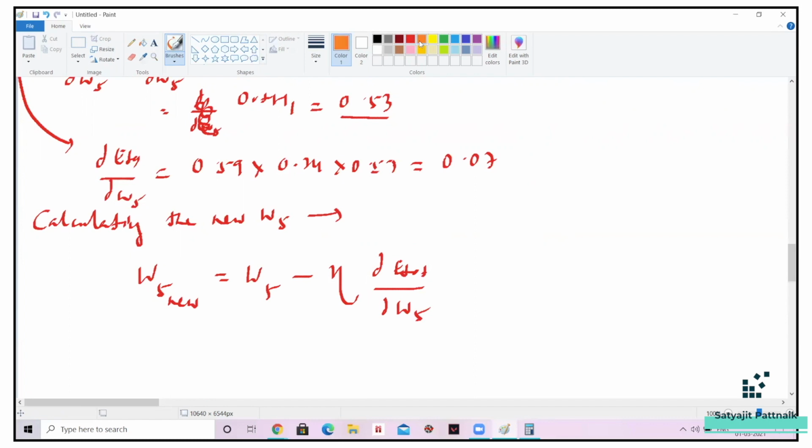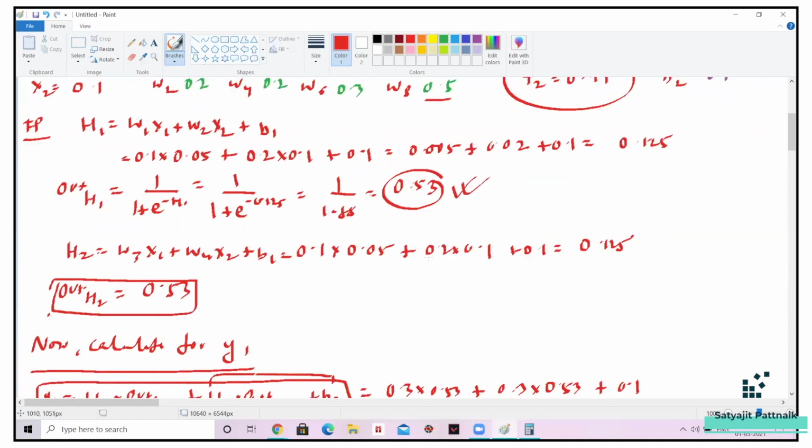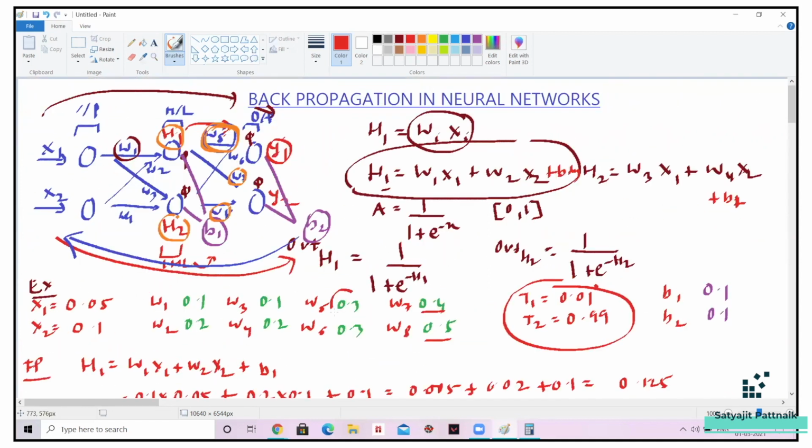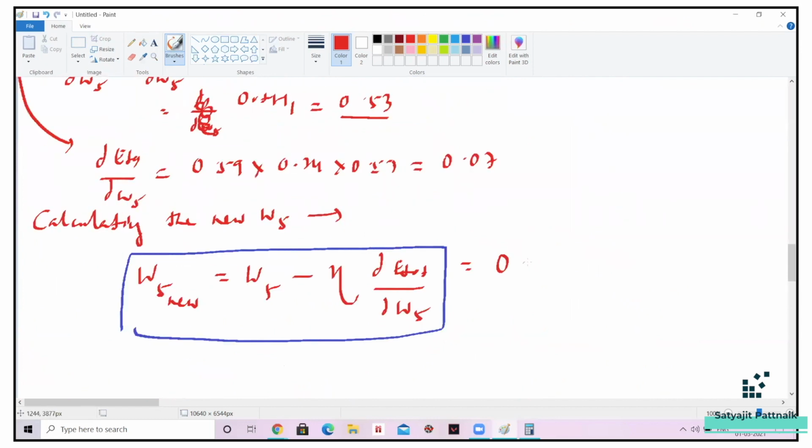I think we have already learned about this particular formula. Now you can relate it. So what was my W5? If you go back to the example again, my W5 was 0.3. So in the first run, my W5 was 0.3 minus eta of dE total by dW5, which is nothing but 0.07.